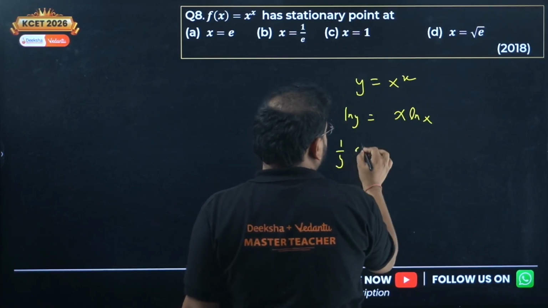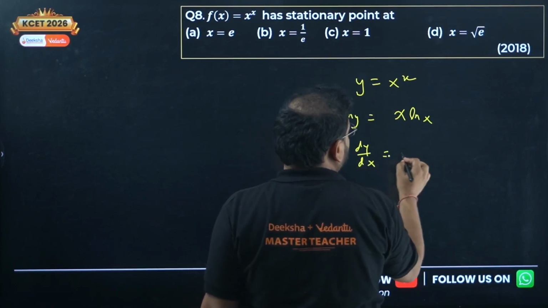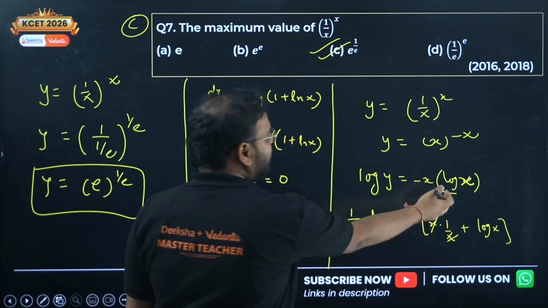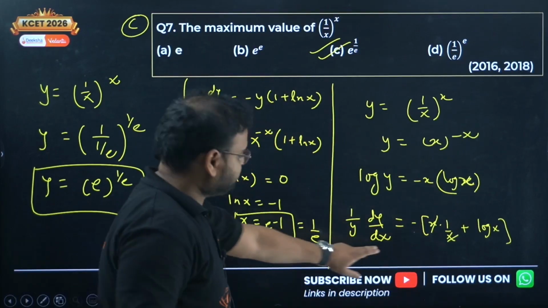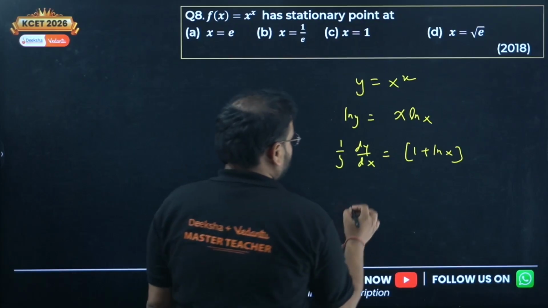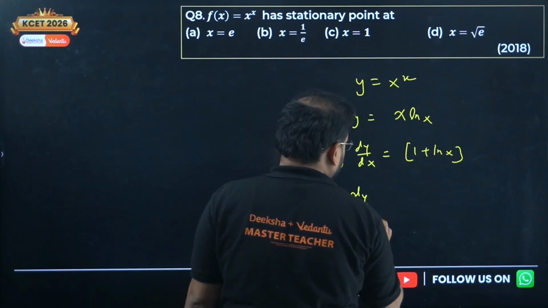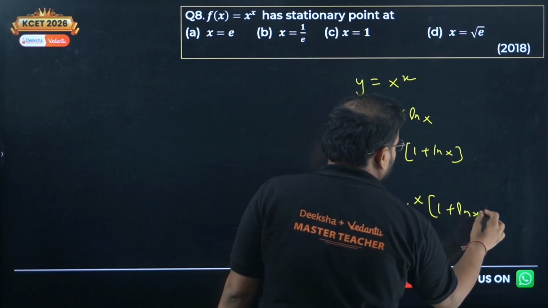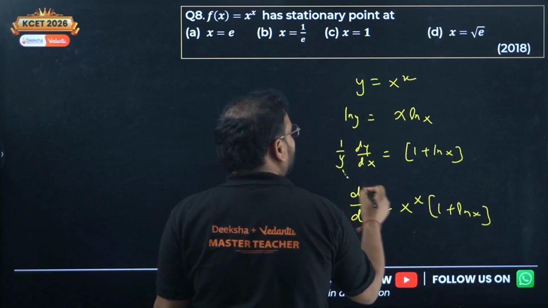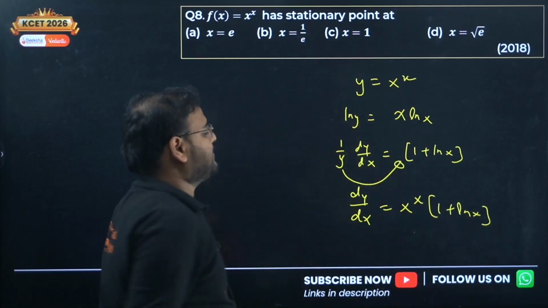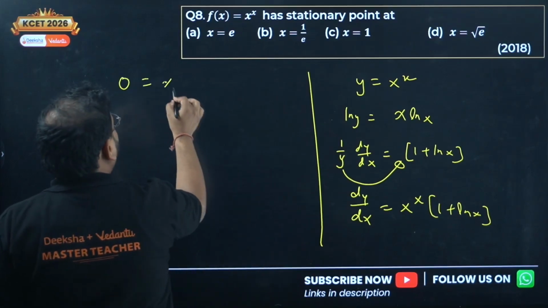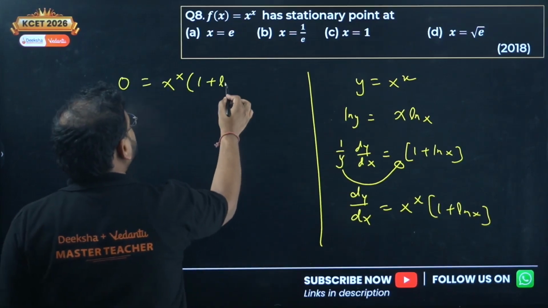1 by y dy by dx. This will be coming as 1 plus ln x. We just differentiated it. So we get the derivative as x power x into 1 plus ln x. How come, sir? Because this y will go over there, and the y value is x power x. Stationary point means critical point. Put it equal to 0. x power x into 1 plus ln x.